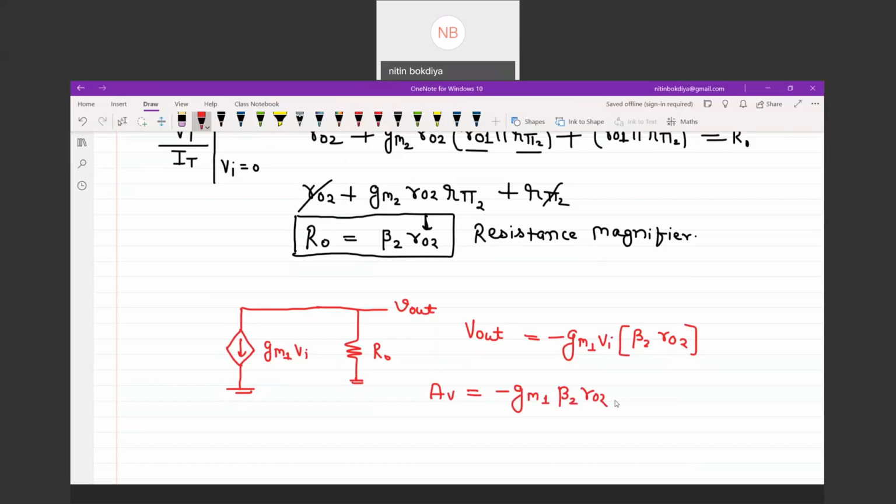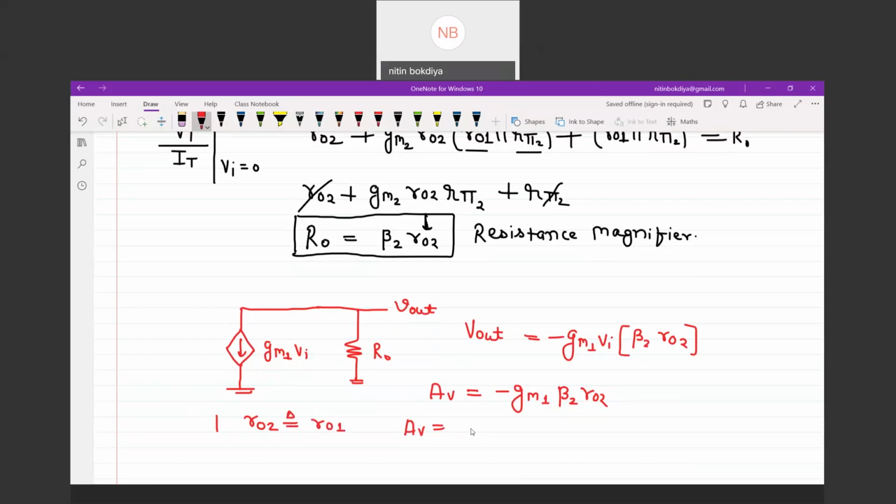So let's say, if GM1 and GM2 are equal, and R02 is approximately R01, then the gain is equivalent to minus GM1 into R01. What was this? This is your basic gain.